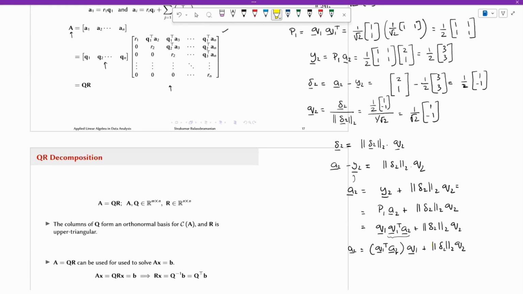Let's say I call this R2, right? That means then A2 is Q1 transpose A2 Q1 plus R2 Q2. Okay.